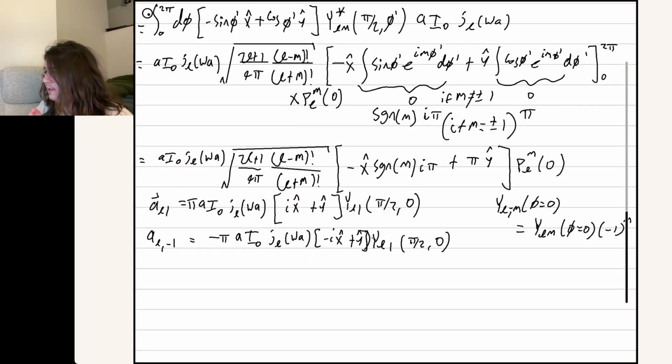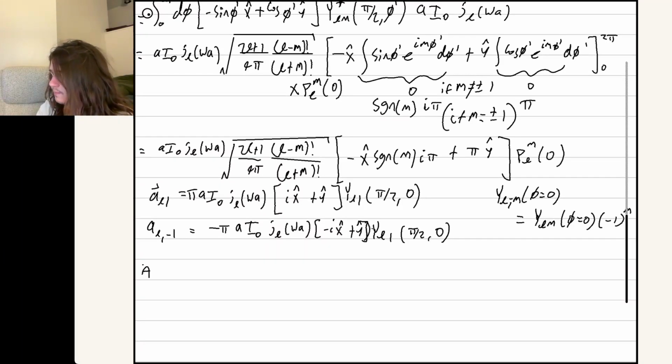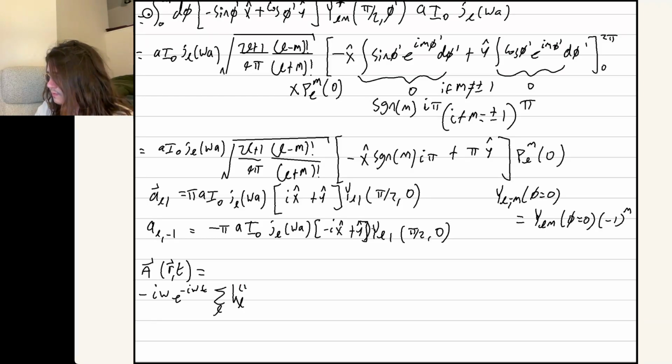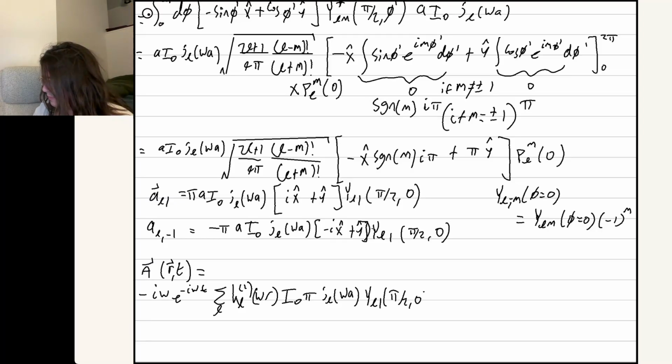So now we can actually look back at our vector potential, which is going to be A of r and t. So it's minus i omega e to the minus i omega t sum over l h_l1 omega r times the constant, so i naught pi j_l omega a. I'm just collecting all the terms that they share. They both have a Y_l1 of pi halves and 0.